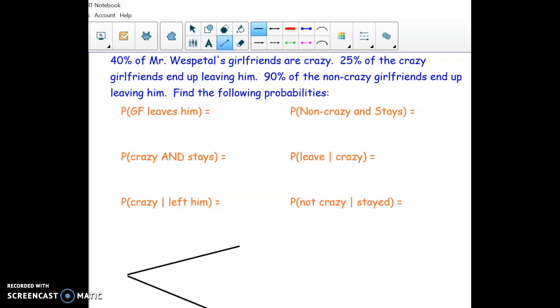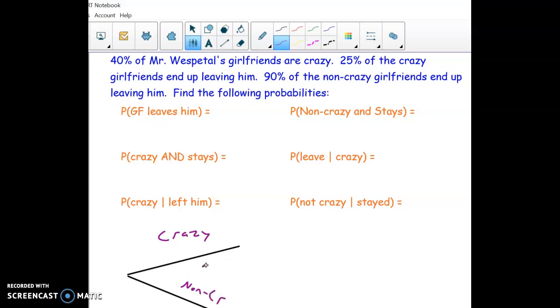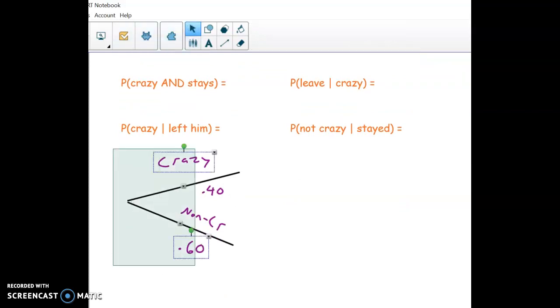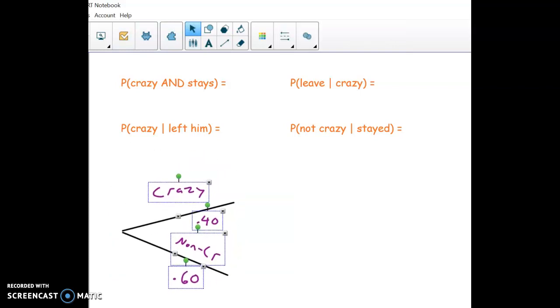Let's label these: crazy and non-crazy. All right, and 40% are crazy, so I'm going to label this 40%. And then you have to infer that the non-crazy would then be 60%, right? If 40% are crazy, then 60% are non-crazy.